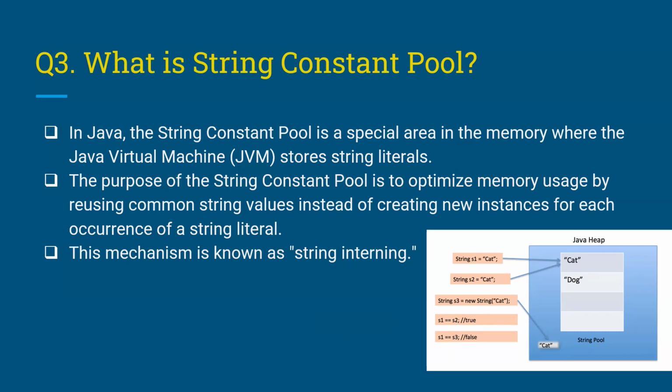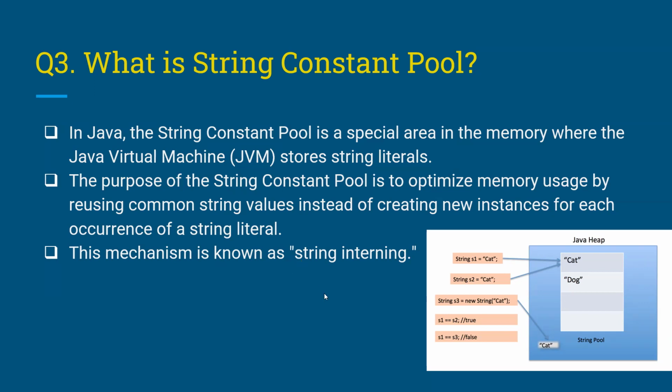As I said, whenever it tries to create a new object in the string constant pool, it will cross-check whether the same content of the string class object is already available or not. If it's already available, then it won't create a new object. That's the behavior of the string constant pool, and that is nothing but string interning.